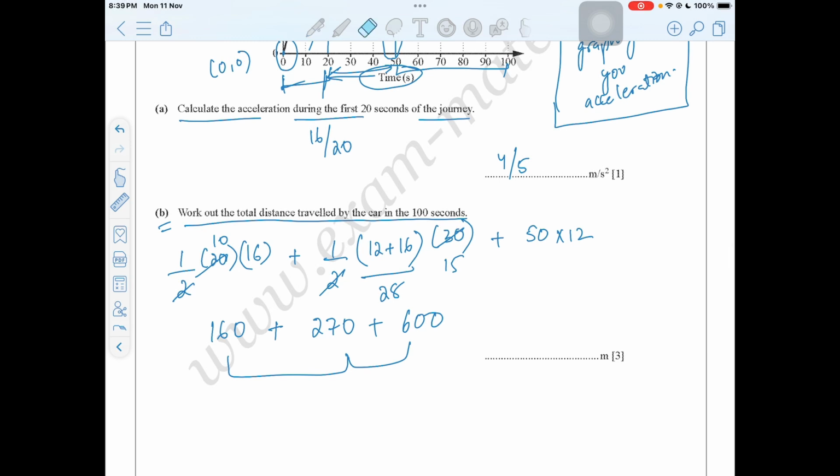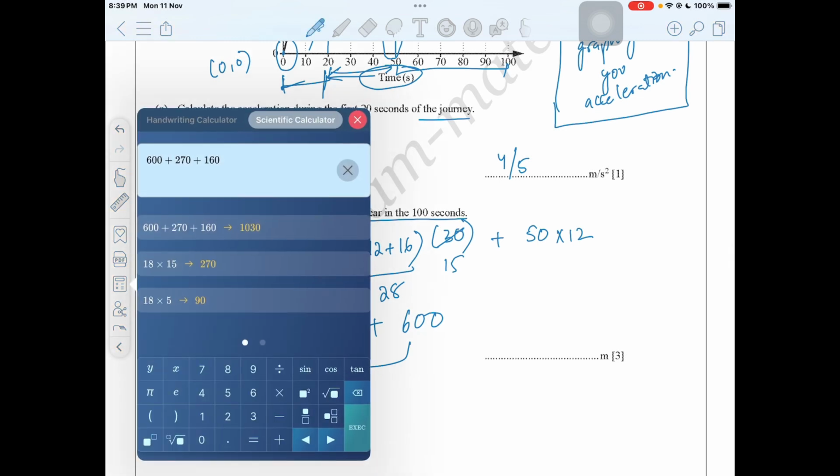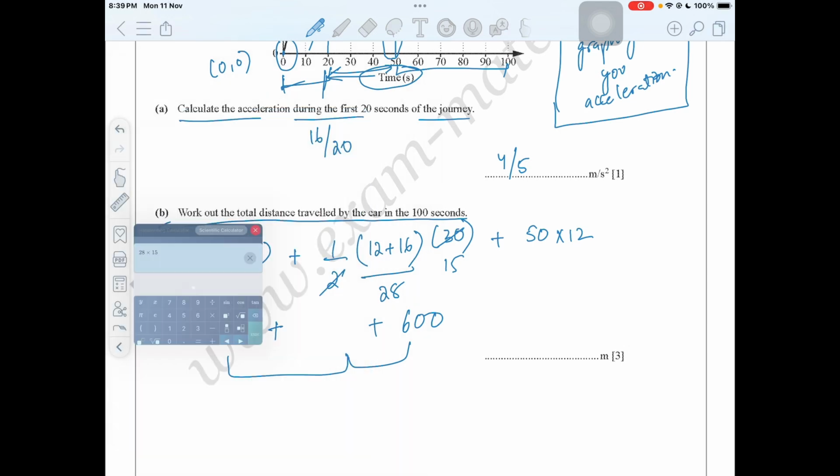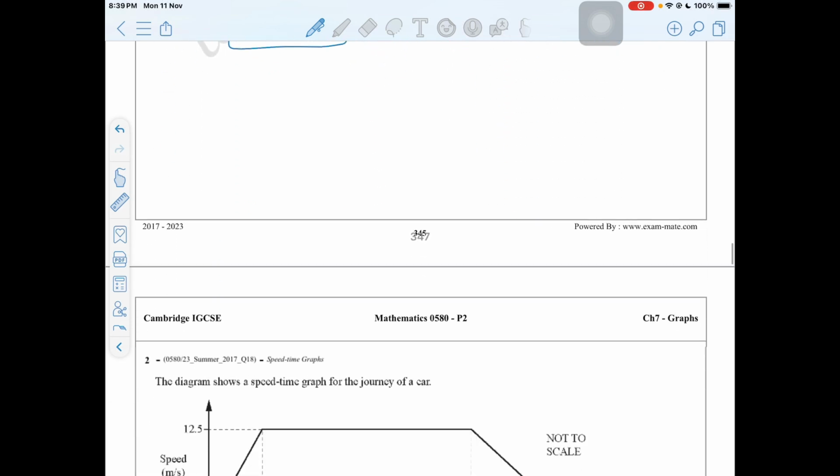So we have to change it. This would be 28 multiplied by 15. So this is 420. Now we add these things up. This would be 1020, and this would be 1180. So this is the answer.